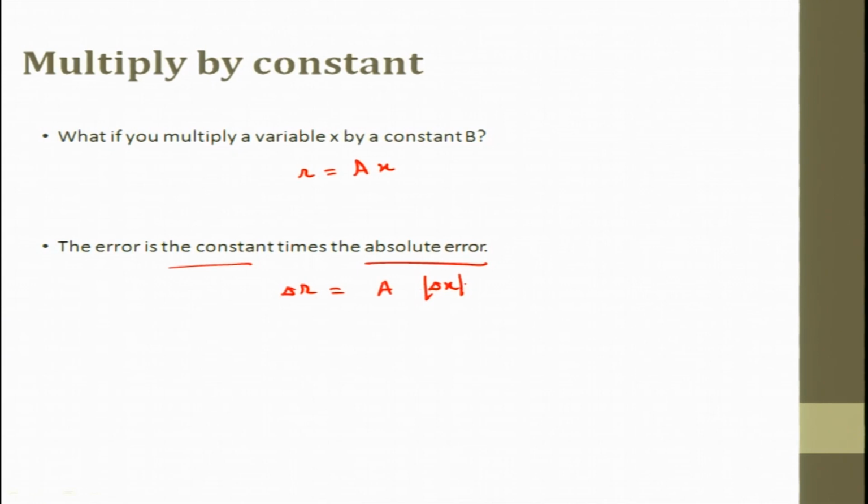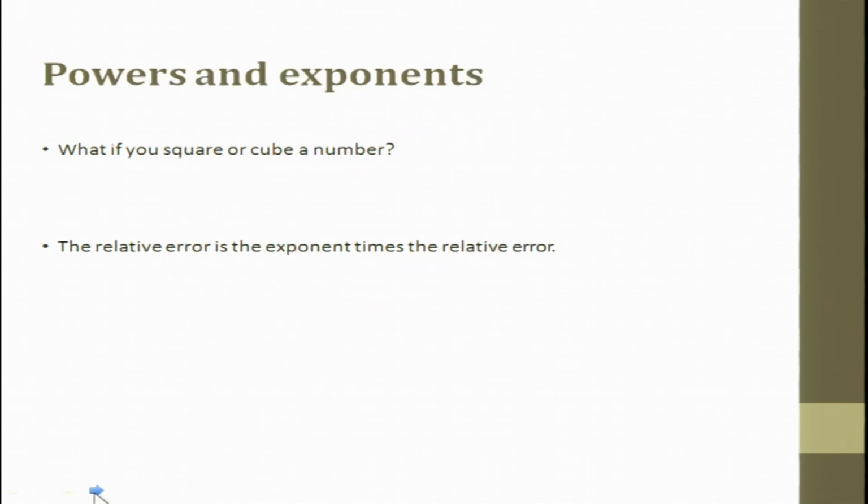Is it okay? No, when we talk about the errors, errors are absolute terms mostly. So we will put the absolute value of the constant here as well, irrespective of its original value. So what if you square or cube or put some degree to a number?